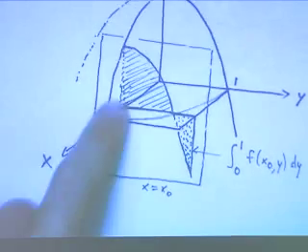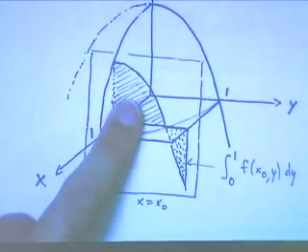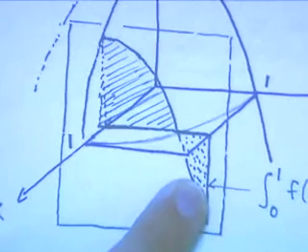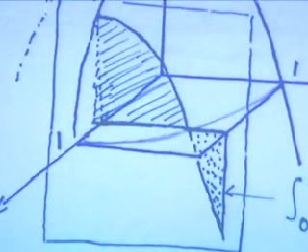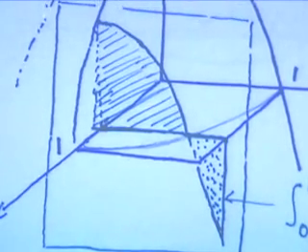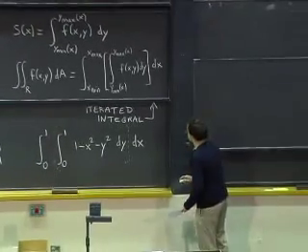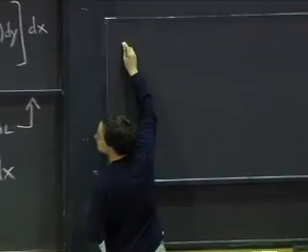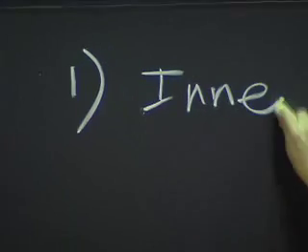So in fact, I will be counting positively this part of the area, and I will be counting negatively this part of the area, as usual when I do an integral. So to evaluate this, I will first do what's called the inner integral.